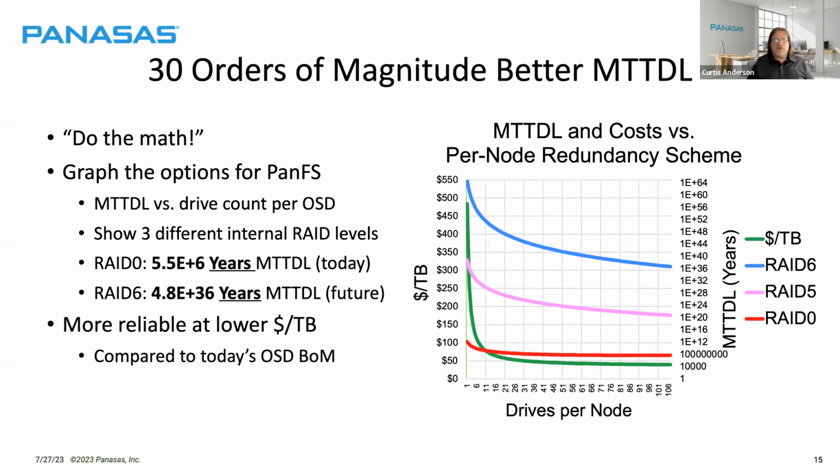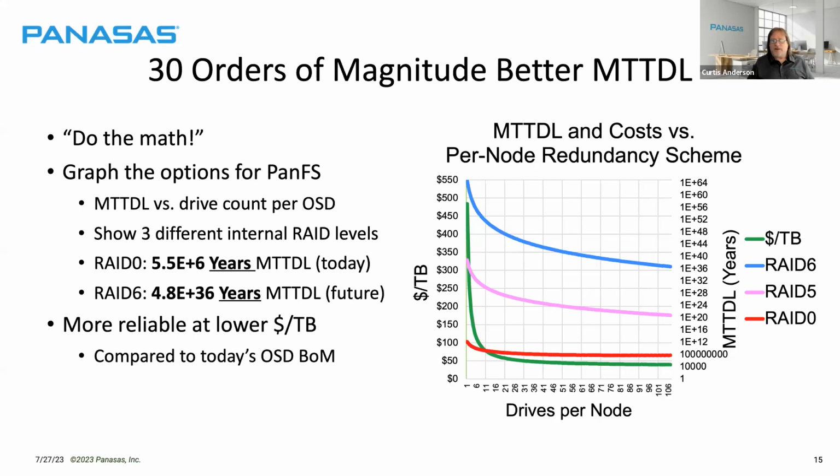So this shows you the reliability in mean time to data loss, MTTDL, for PANFS given RAID 0, 5, or 6 as an internal redundancy within each OSD. With RAID 0, the mean time to data loss is 5.5 million years.